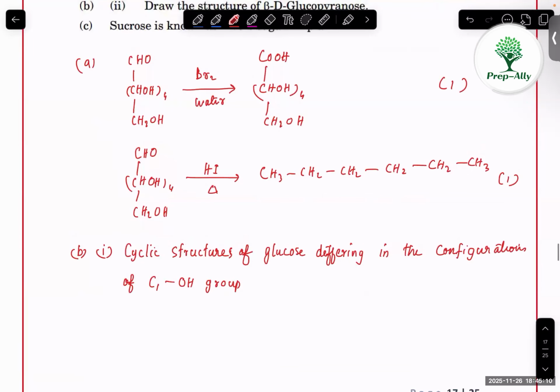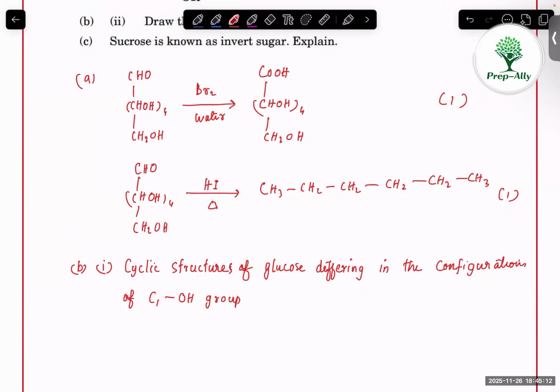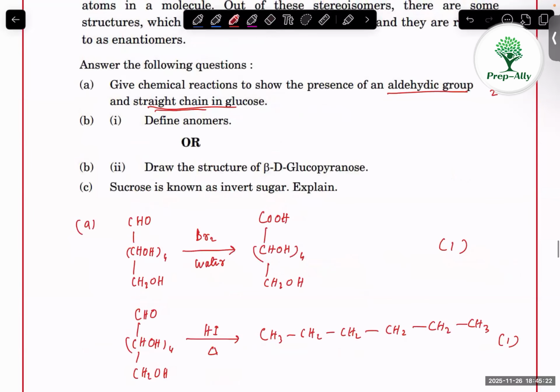Here, what exactly they are asking is, you can simply write the definition of anomer. Simply remember the definition. Anomers are pyranose forms of glucose. If I draw it like this, for example, this is the pyranose structure, and here I can write H, OH, H, OH, OH, H, and CH2OH.